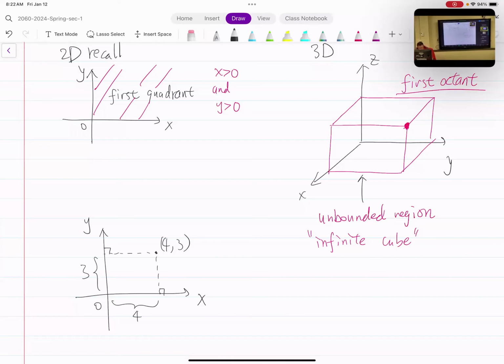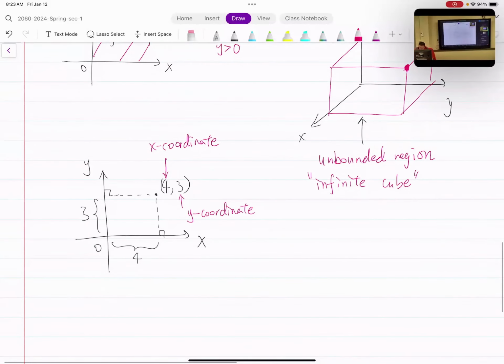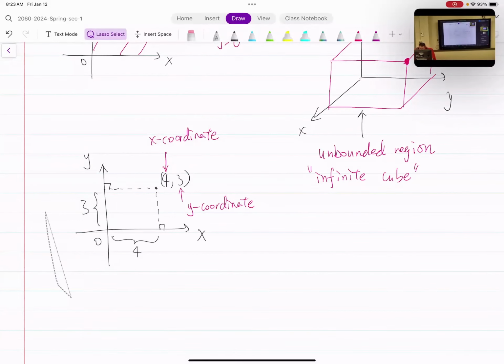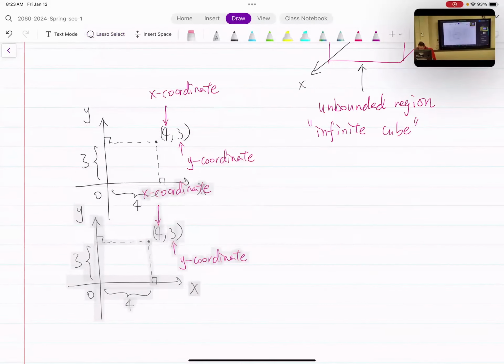The first coordinate in the pair is called the x coordinate, and the second coordinate is called the y coordinate. I should make this a little lower so it can be part of the 3D case.